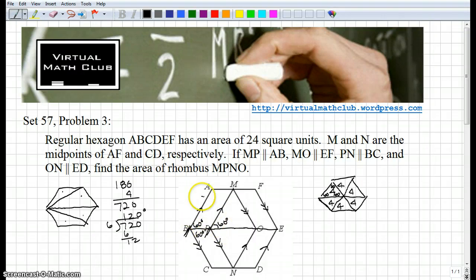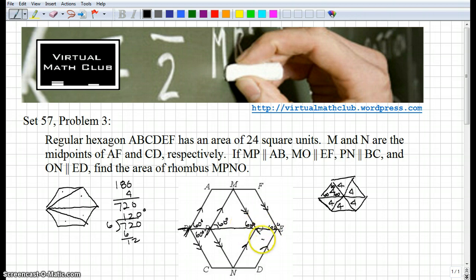So here are our two parallel lines, and this line that I drew across the center is the transversal, so this has to be 60 degrees. And also, this has to be 60 degrees, again the corresponding angle of these two parallel lines and this transversal, okay?